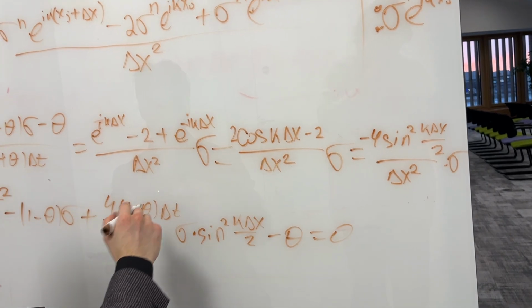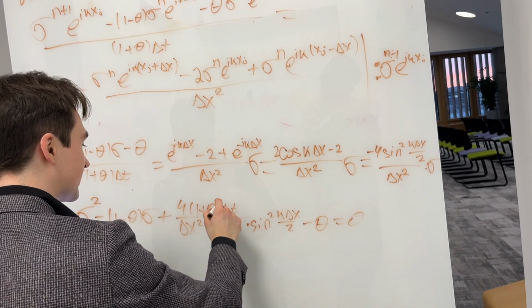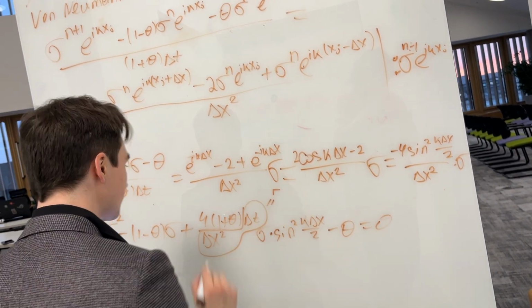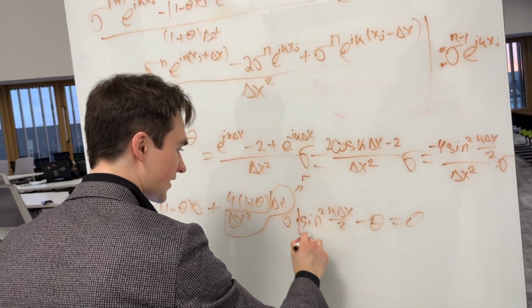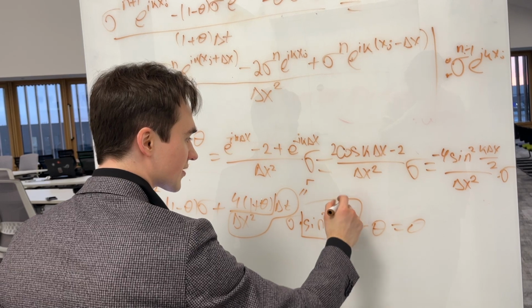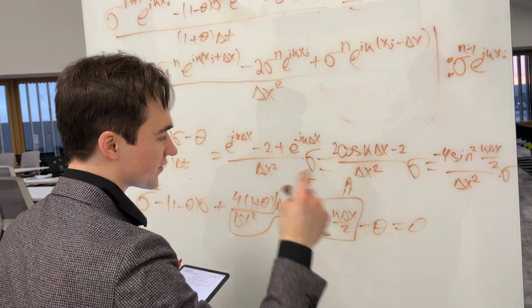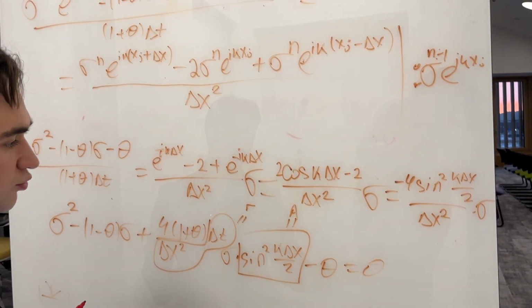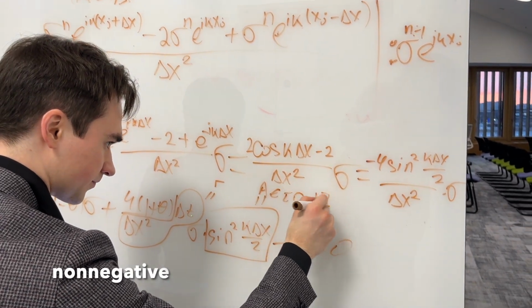Well, now I want to say that c delta t over delta x squared is r. But also I want to say that my sine squared is a. Since sine takes values from minus 1 to 1, sine squared will take values from 0 to 1, so a is positive.